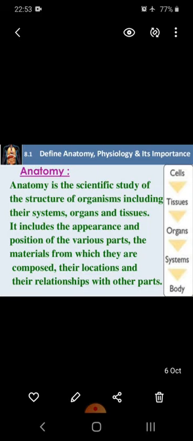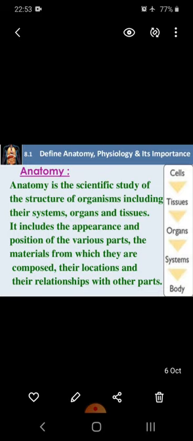Human anatomy can be defined as the science dealing with human body structure and relationship among structures. Anatomy is the study of the structure of organisms, including their systems, organs and tissues.